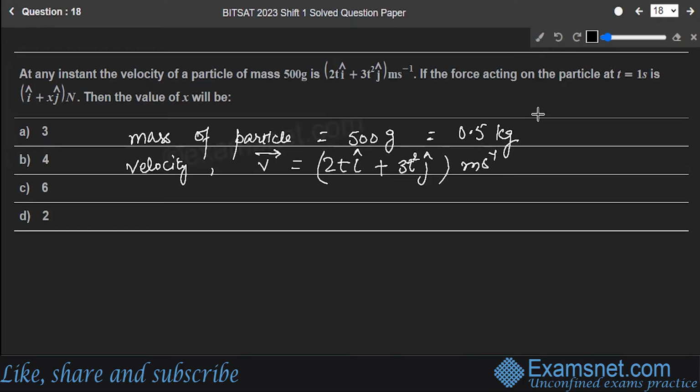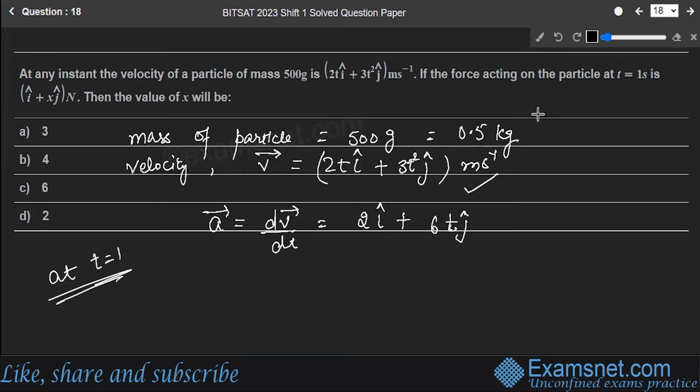Then what is acceleration? It is dv by dt, right? That means let's differentiate this one with respect to t. You will have 2i plus 6tj. Now, at time t equal to 1 second, this acceleration will be given by 2i plus 6j.